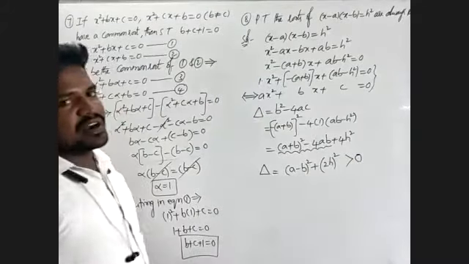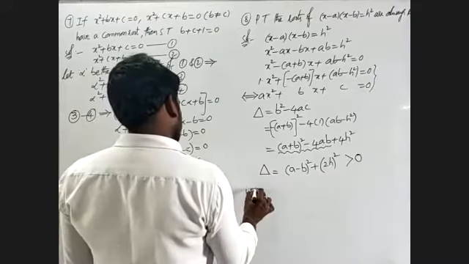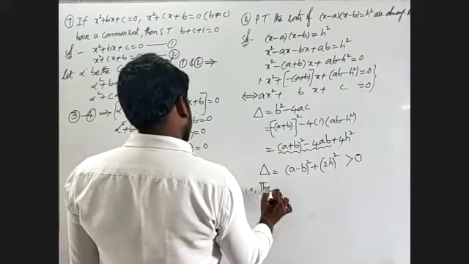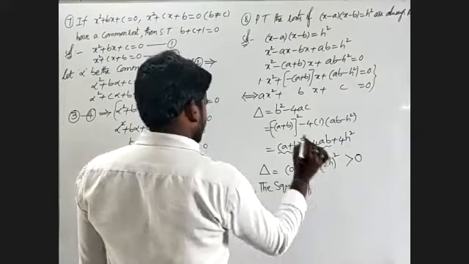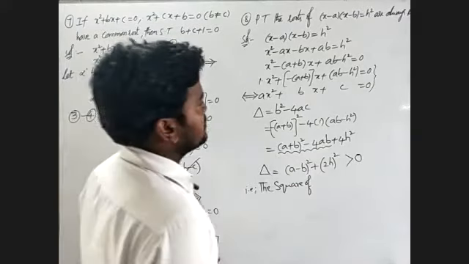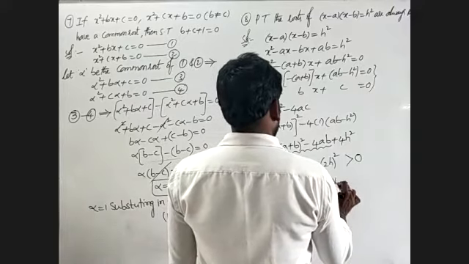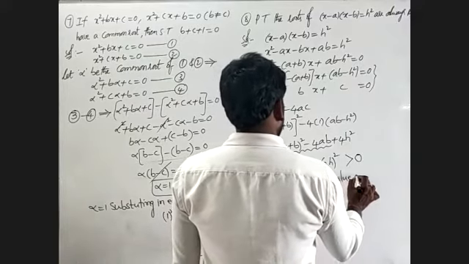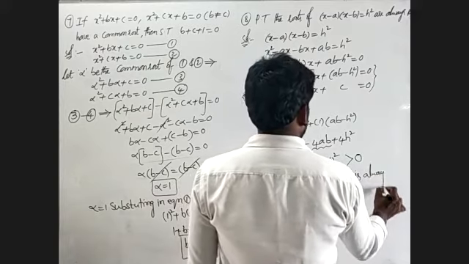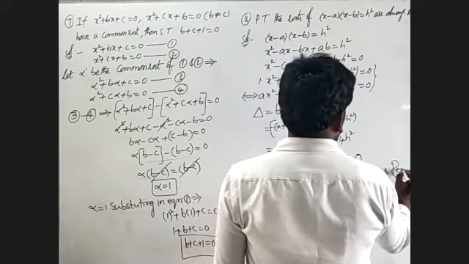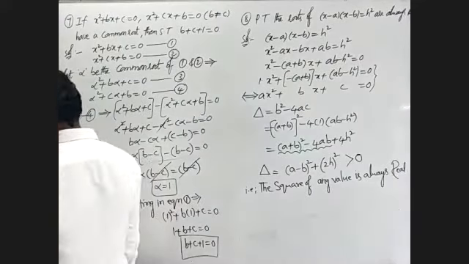The roots of given one are greater than 0, that means the square of any value is always real. We will write this one. After, I will explain the next one.